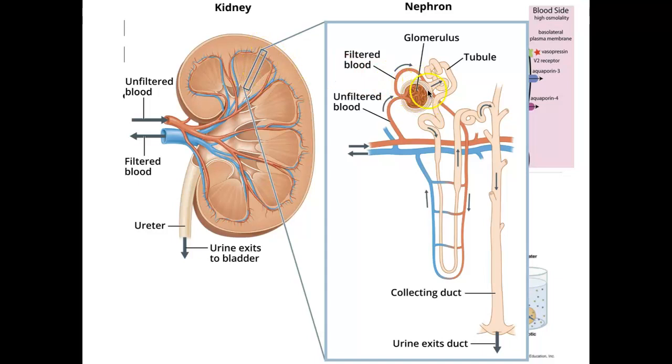When we look at the nephron, remember we've got our renal corpuscle with the glomerulus, and then the Bowman's capsule, our proximal convoluted tubule, the loop of Henle or the nephron loop, our distal convoluted tubule, and the collecting duct. So within the distal convoluted tubule and the collecting duct, this is where we are going to have those cuboidal cells lining the tubule, right?